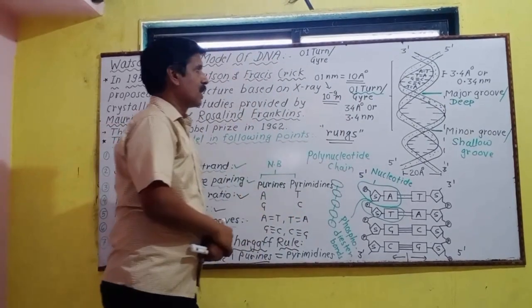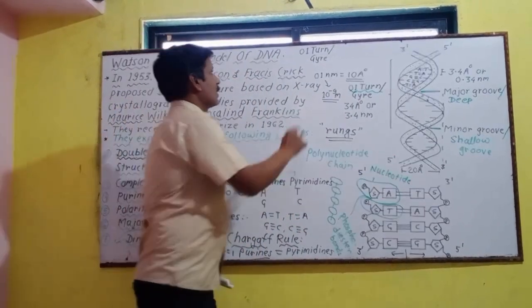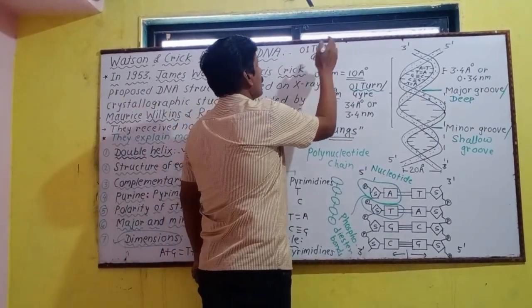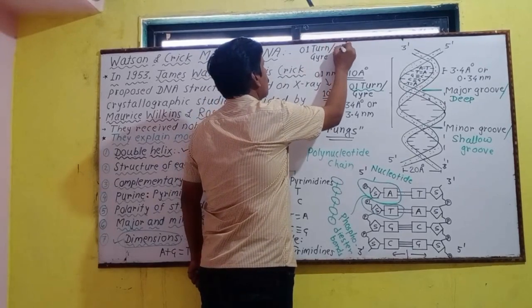Then the length of each turn or gyre is 34 angstrom.